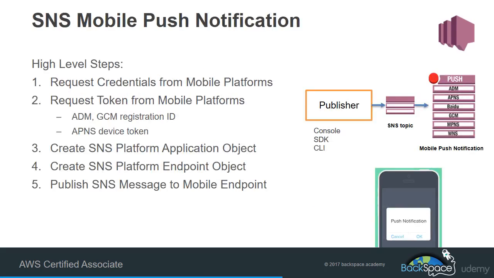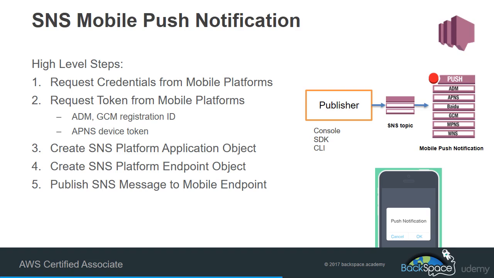SNS mobile push notifications allow the SNS service to deliver messages directly to mobile devices as a mobile push notification. So the high level steps around it, and you really need to know just the high level steps around this. For an associate level certification, you're not going to need to be very much an expert in this area. So the first step is to request credentials from the mobile platform, and then request a token from the mobile platforms.